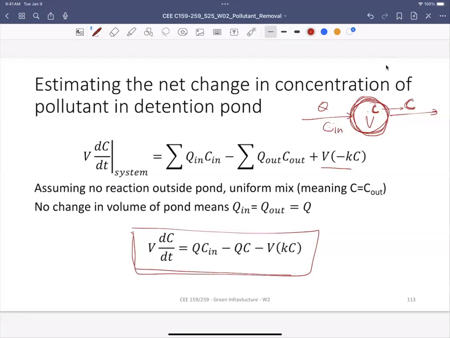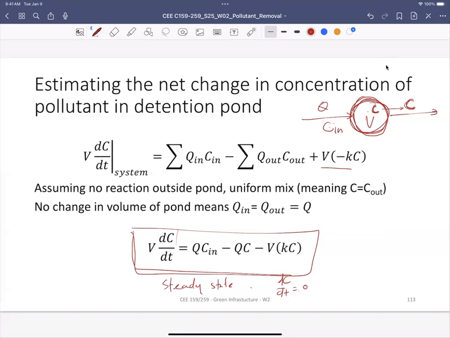For the steady state, the concentration doesn't change in the system because whatever is coming in, there is no change in concentration. So for steady state, you can assume dC/dt is zero, no change in concentration inside the pond. Whatever pollutant is being added is being removed by reactions and dumped outside.